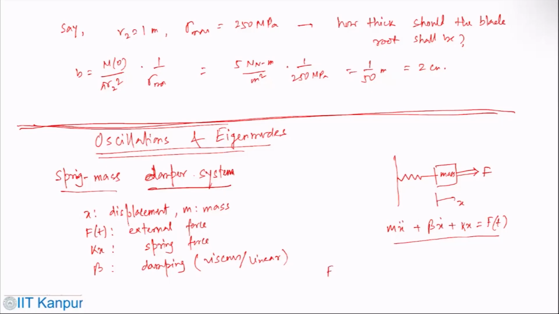So let's say f of t is given as f naught e to the power j omega t, where f naught is greater than 0, and usually we take the real part of the solution and design.